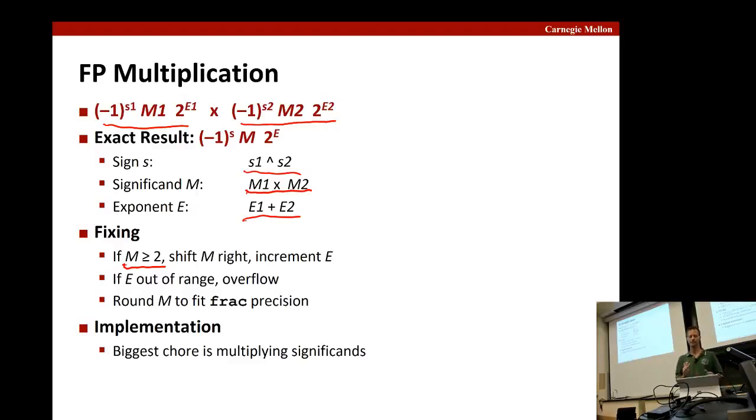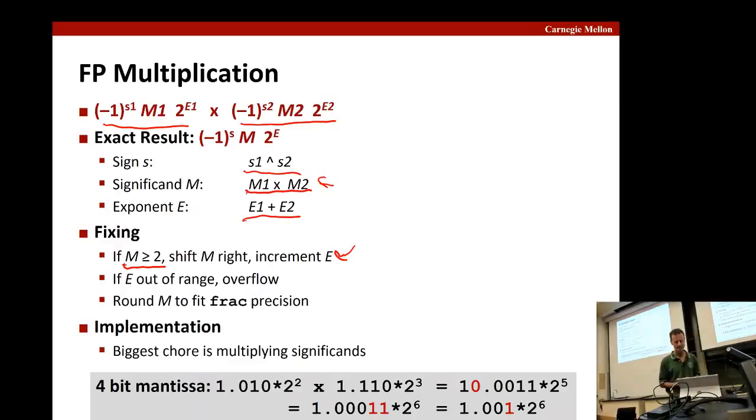By shifting to the right, we're dividing by 2, and by incrementing e, we're multiplying by 2, so it's the same number. Now, if the exponent is out of range, then we just have to do an overflow, positive or negative infinity. And then the fractional part, after the shifting, we want to truncate to the right number of bits, and we want to do that in a way that respects our rounding rules. All right, good.